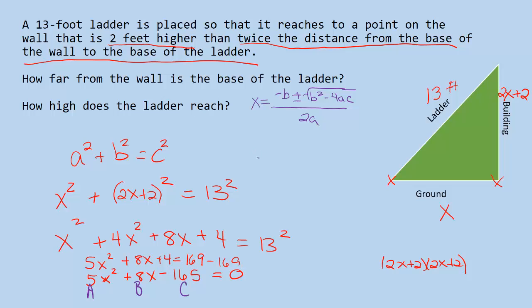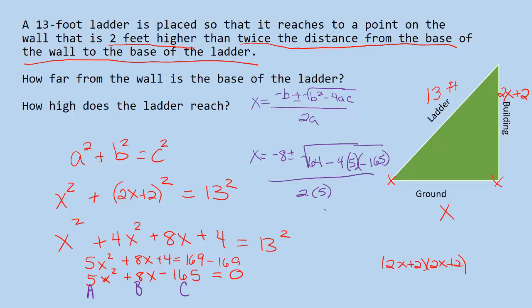So let's go ahead and substitute that in. Negative b, or negative 8, plus or minus the square root. So b squared, which is 8 squared, or 64, minus 4 times a, which is 5, and my c, which is negative 165. And this is all over 2a, or 2 times 5.